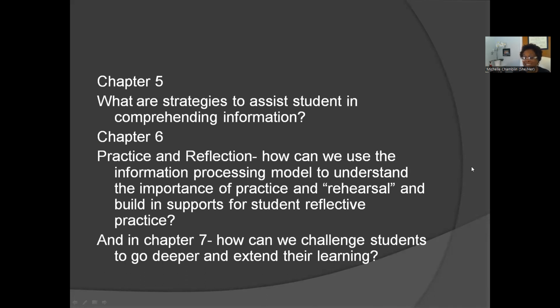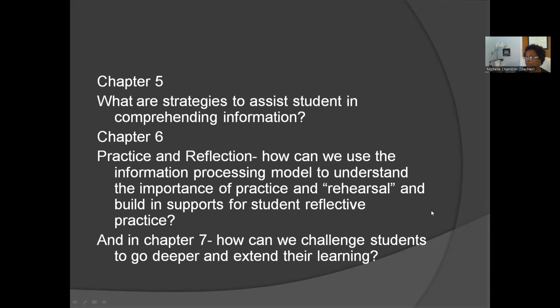And in chapter 6, practice and reflection. How can I, as the teacher, use the information processing model to understand the importance of practice and rehearsal and building supports for student reflective practice?